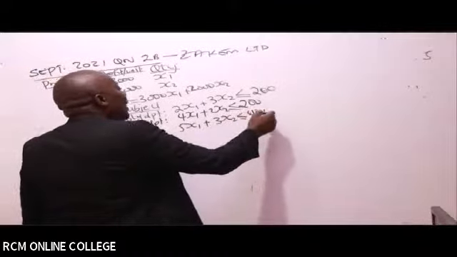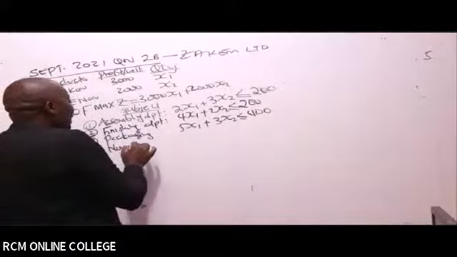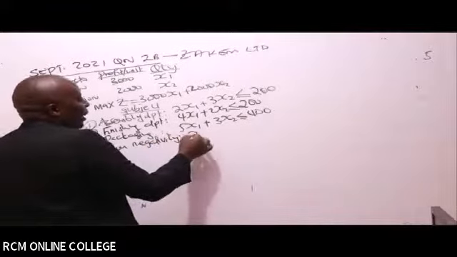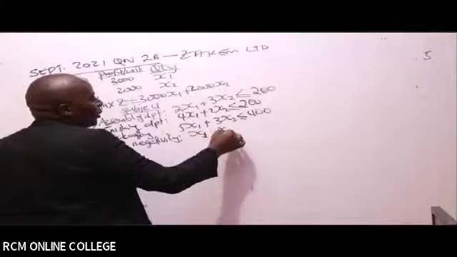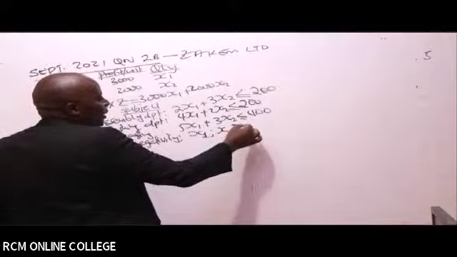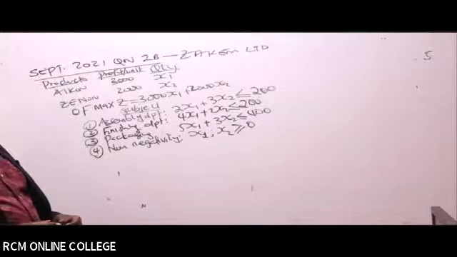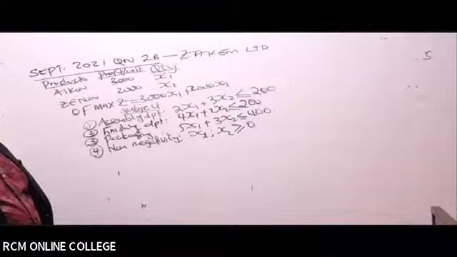We do not have any other constraint other than the non-structural one, the assumption, what we call the non-negativity: x1 and x2 should always be greater than or equal to 0.